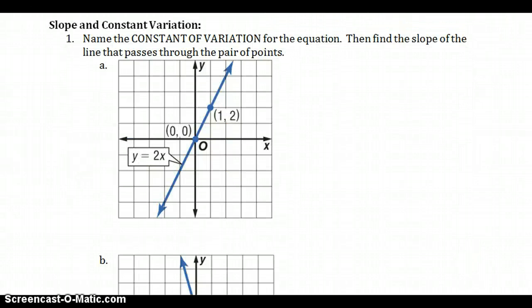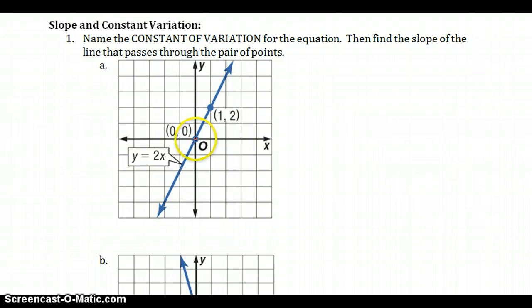Okay, at the top of the next page, we're going to talk about slope and constant variation, which ultimately are talking about the same thing. So if we're looking for k, how is this line changing? Well, every time it rises 2, it runs 1. Rises 2, runs 1.